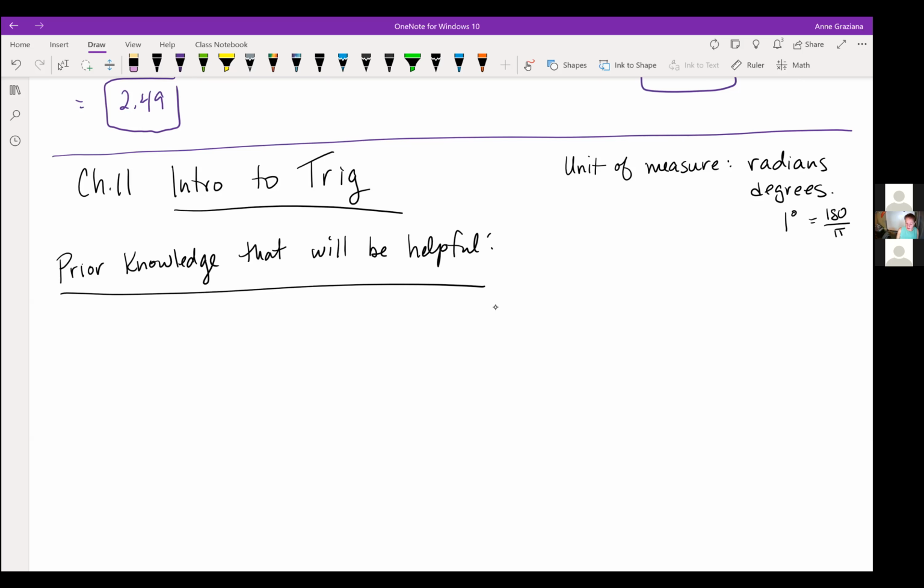I'll make sure I say the right thing. Give me 1 minute. Oh, okay, this is what I want to say. 180 degrees is equal to pi radians. Okay, let's leave that alone for a second. What I want to do is just some calculations using pi.